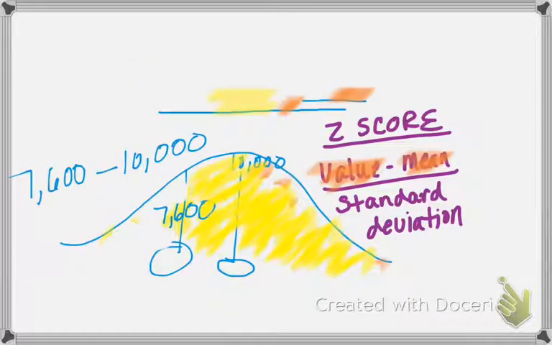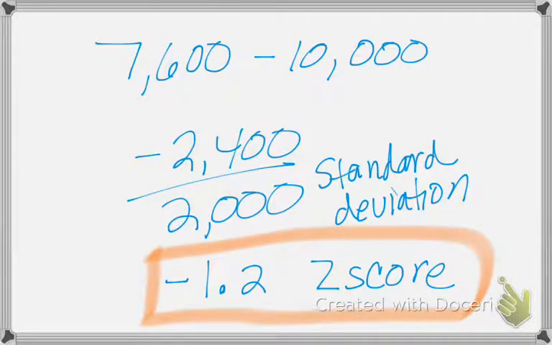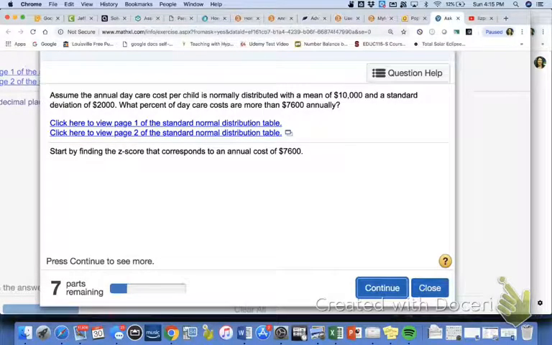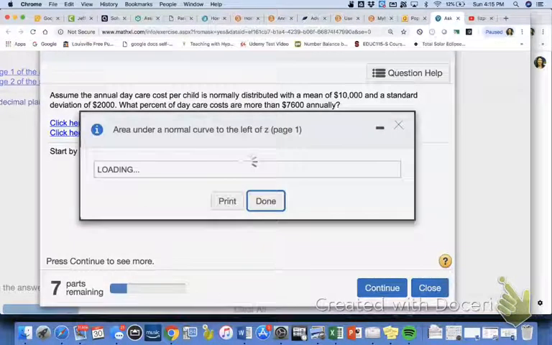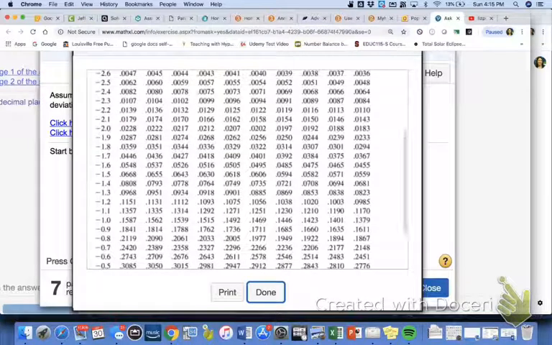So what does that z-score help me to figure out? It helps me to figure out what part of the area is under a certain part of the curve, and I'll show you what I mean. So right now we've got our z-score of negative 1.2. So I'm going to go to the z-score table that is provided by the text. I'm going to click on page 1 because that's where the negative z-scores are. So you'll see here across the top are like 0, 1, etc. So I need to scroll down to negative 1.2 on the table.